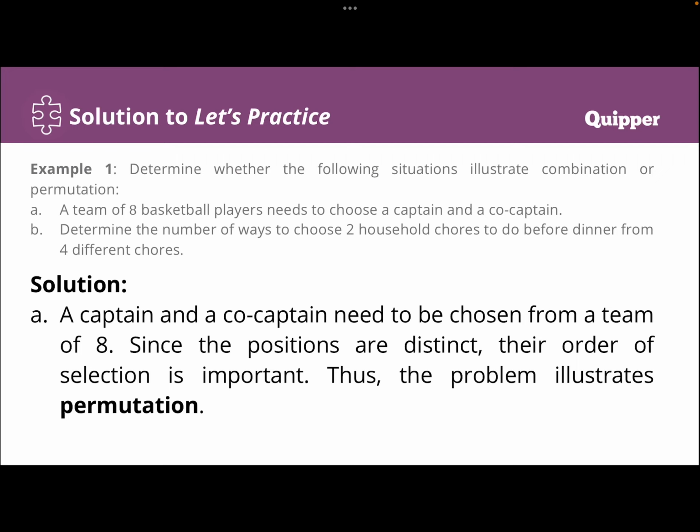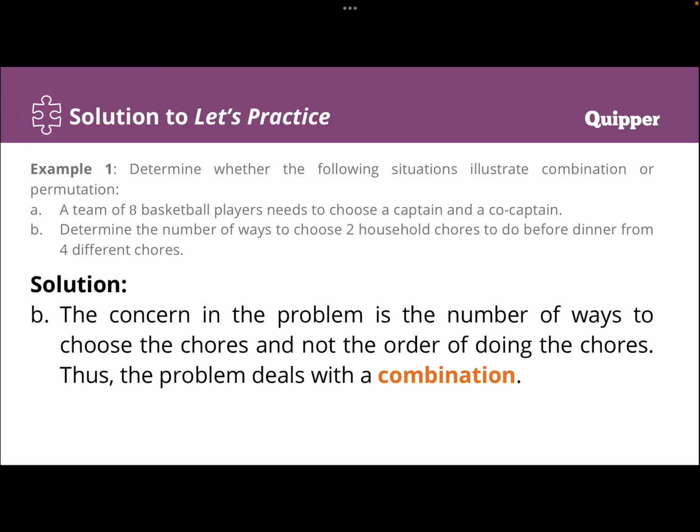Since the positions are distinct, when we say distinct, another word for that is different, the order of the selection is important. So therefore, problem letter A illustrates permutation.